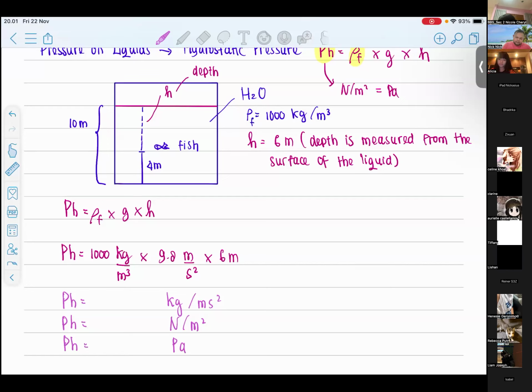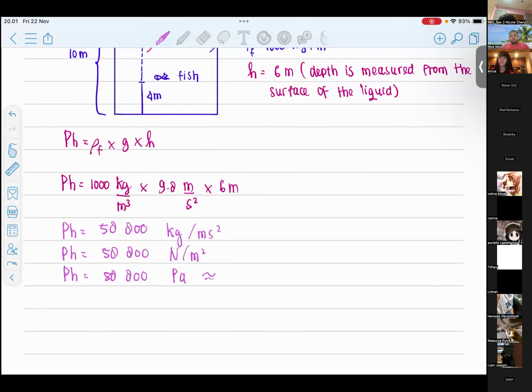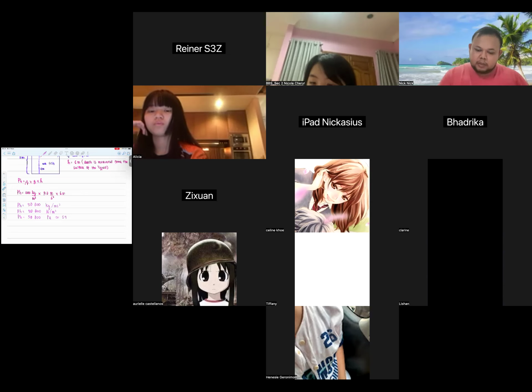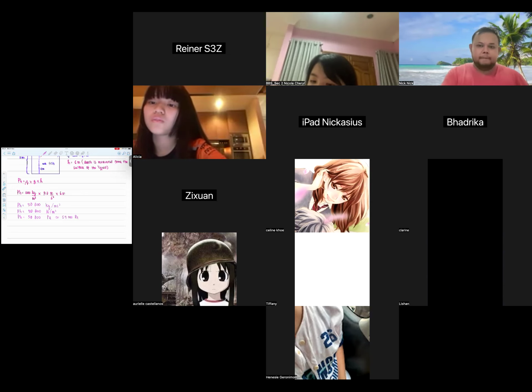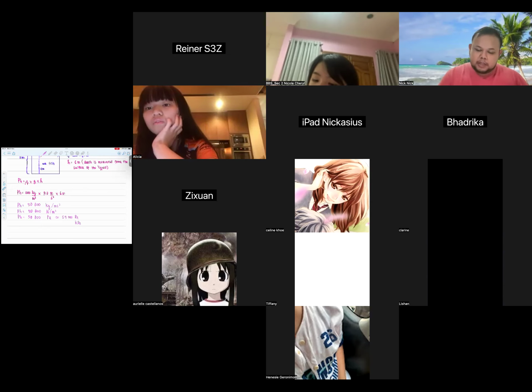But is it to 2 SF, students? No. The two significant figures is how much, students? 59,000. 59,000 Pascal, or in kilopascal, it becomes 59 kilopascal.